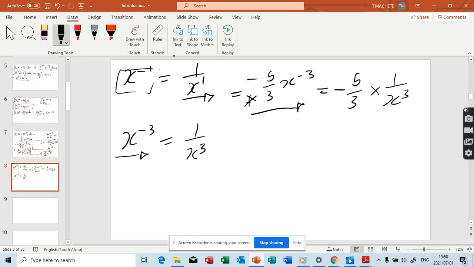Okay, let's do this. 3x to the power -3. How can you write it in standard form, this form? Remember, there was a 1 here. There is the 1. So how can you write this in this form?